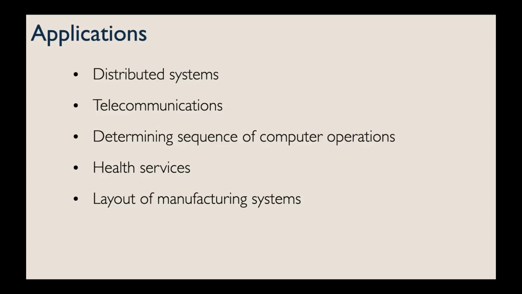They've also recently been used for health services, for example, for policies for hospital bed assignments, the scheduling of appointments, or even patient flows. And they can also be used to better design the layout of manufacturing systems, for example, to optimize the line of production and inventory management.